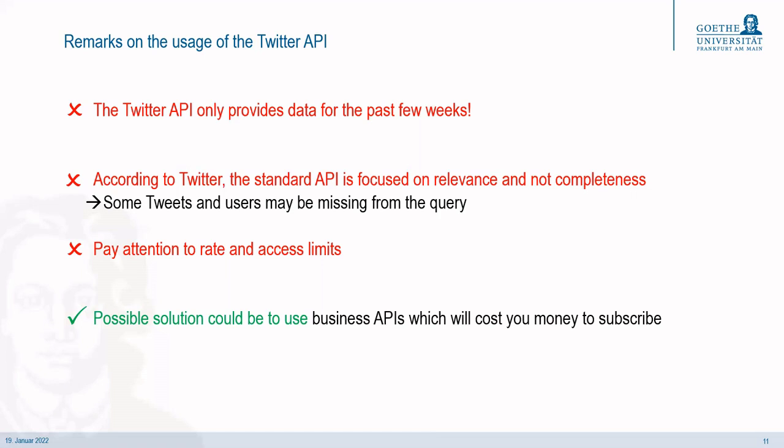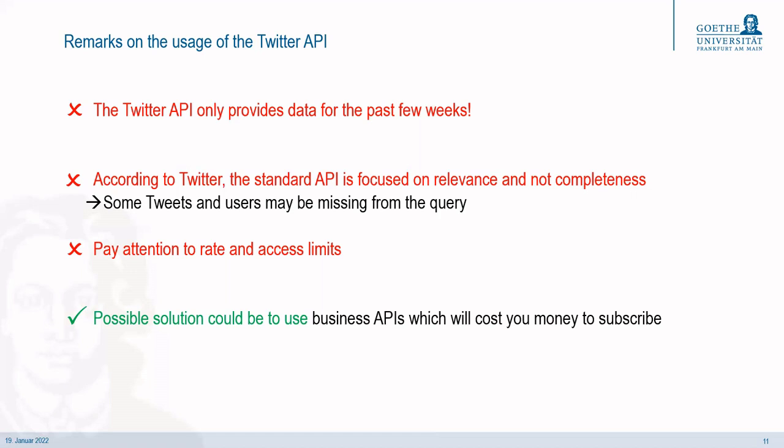Furthermore, you need to pay attention to rate and access limits. As Birte showed on the slides at the beginning, every access level has different queries per month you can take and a different number of tweets you can receive from it. Also, rate limits can be very frustrating.